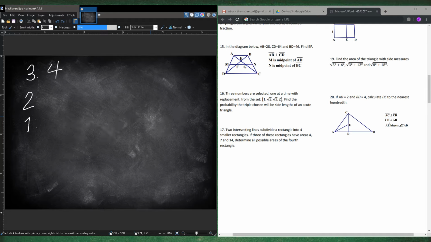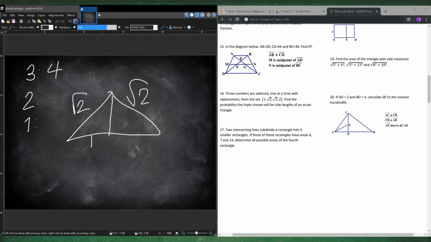Now square root 2, square root 2, and 1. That works because if you think about it, you have square root 2, square root 2, and if this is 1, then you subtract, and that's 1/2. And 1/2 is obviously smaller than square root 2, so that has to work. So square root 2, square root 2, and 1 works.